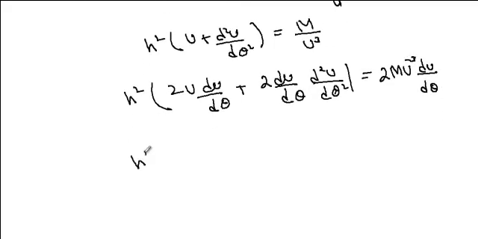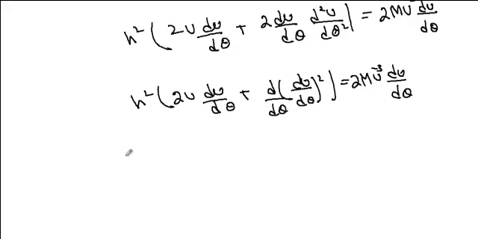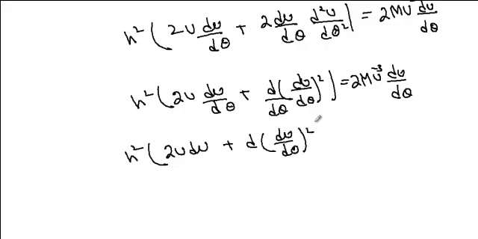This can be written as h square 2u du, and multiplying both sides by d theta, it will cancel out, and we can write this as d of du by d theta square is equal to 2m u minus 3 du.